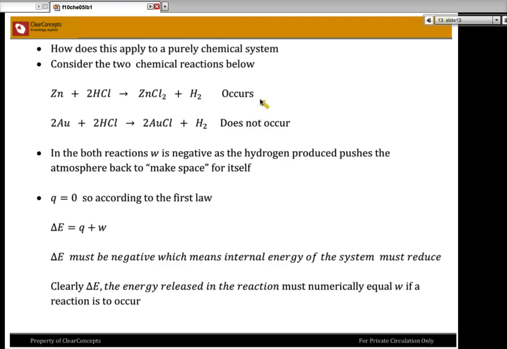So what can we say? Let's first look at what's happening. What are the energy changes that are occurring? First, can you see that in both cases hydrogen gas is being produced?